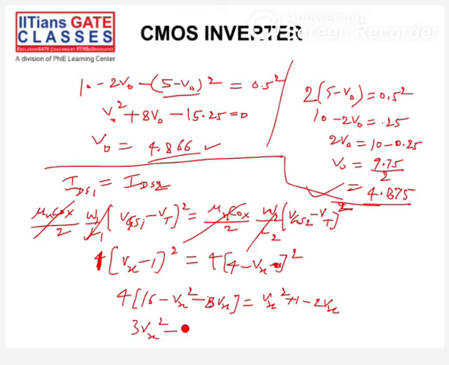So 3Vx square minus 30Vx plus 63 is equal to 0. From this, if we calculate Vx, that will be equal to 7 volt and 3 volt.